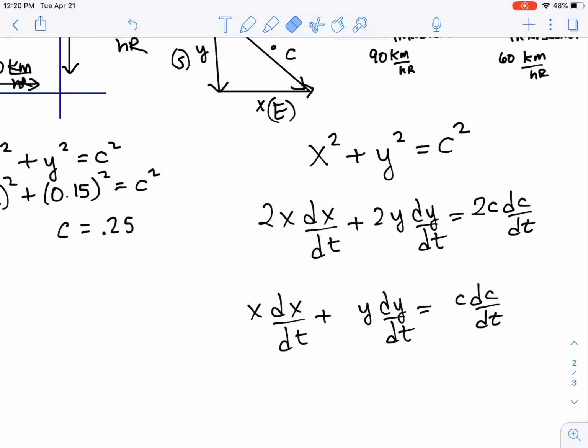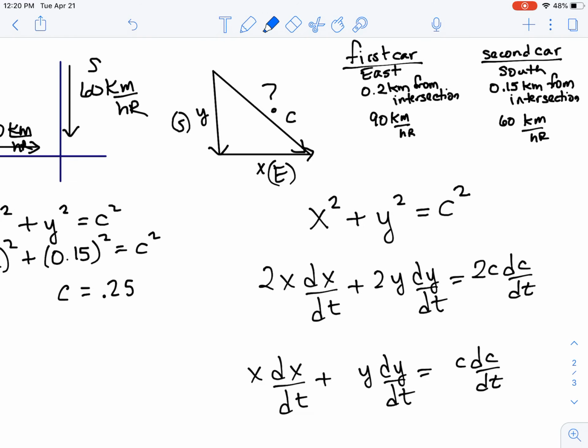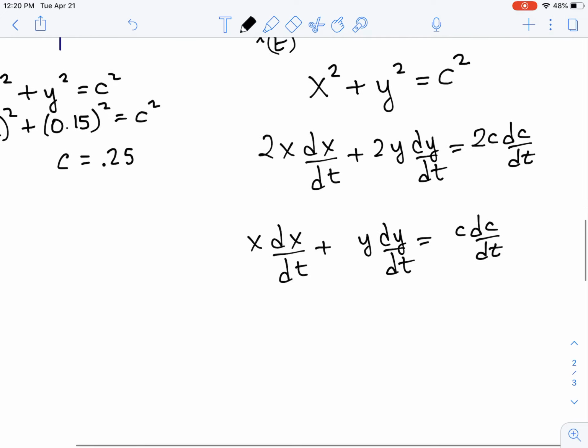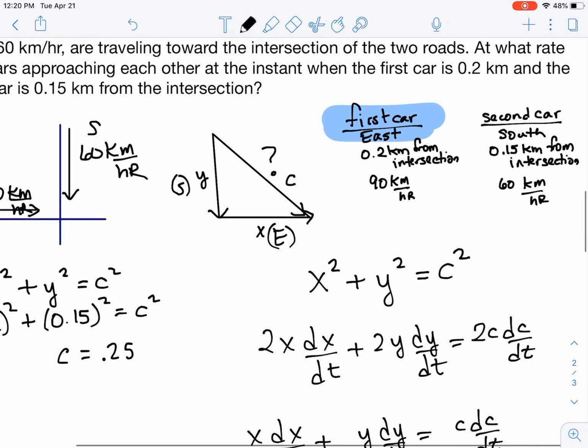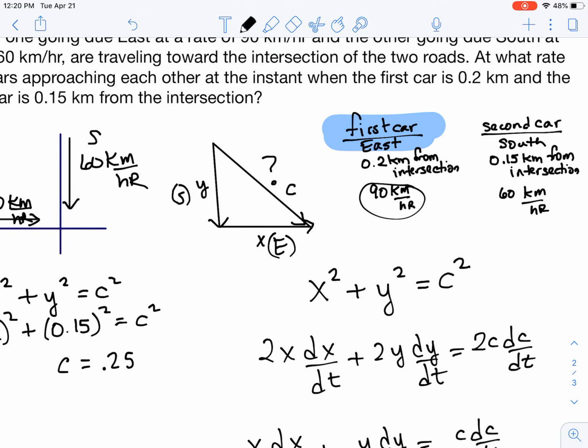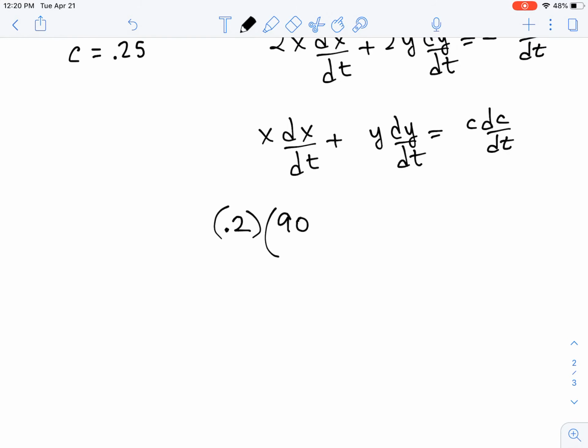Okay, so now x. X is the east things. So I'm going to put in these east things. The first car, the east things. So 0.2 is x. And dx/dt, he's traveling at a speed of 90 kilometers per hour. So this is 90 kilometers per hour.